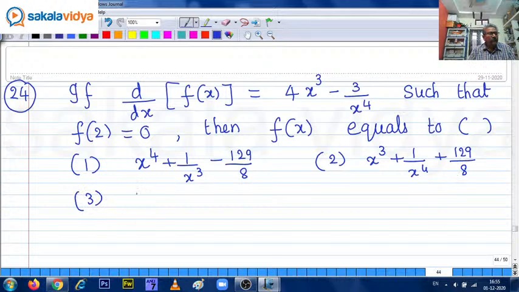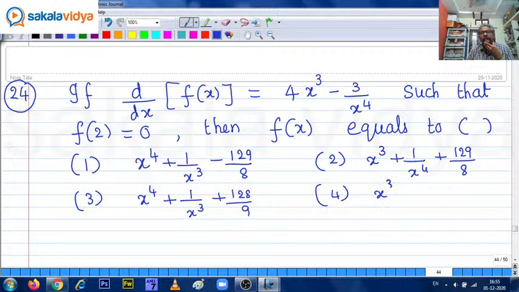Third option: x to the power of 4 plus 1 upon x cube plus 129 upon 8. Fourth option: x cube plus 1 upon x to the power of 4 minus 129 upon 8.